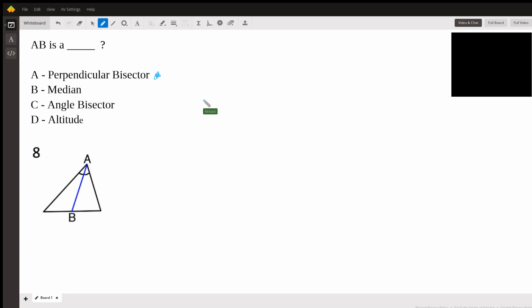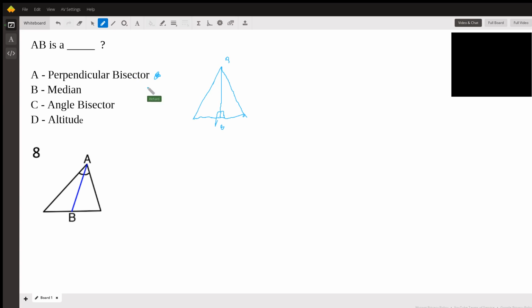So if it were a perpendicular bisector, I realize I can't draw this exactly the same. But if it were a perpendicular bisector, it would be perpendicular to the base, and it's not indicated as being perpendicular, and it doesn't look perpendicular, but it's not indicated perpendicular, which is enough to rule this out.